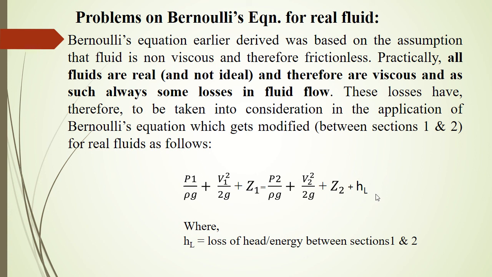In the derivation of Bernoulli's equation, we assume the flow is ideal and non-viscous, but the fluid is always viscous, and that is where real flow will have some losses.